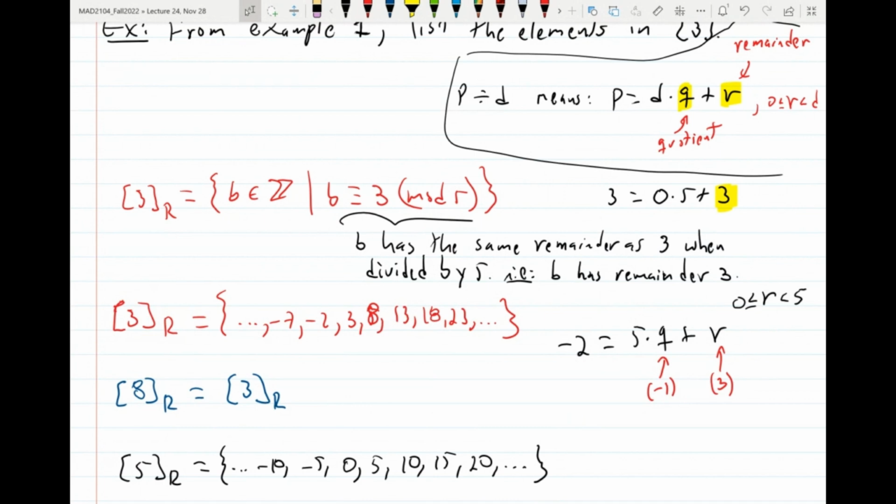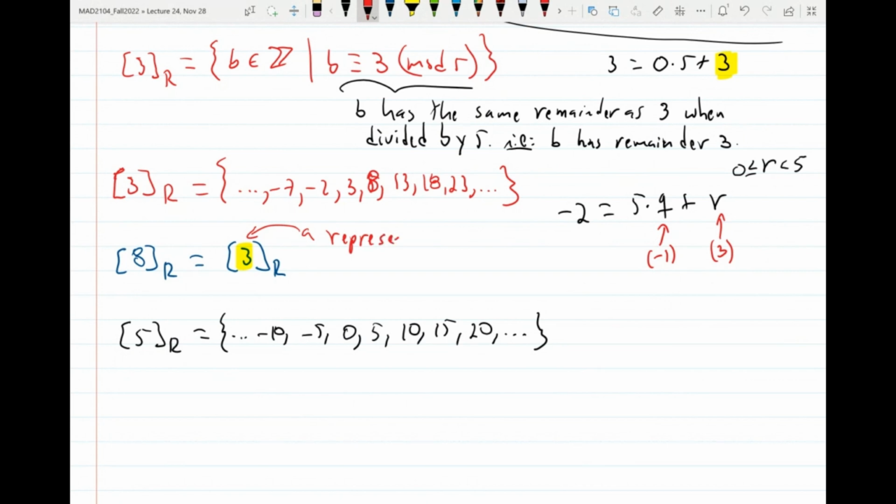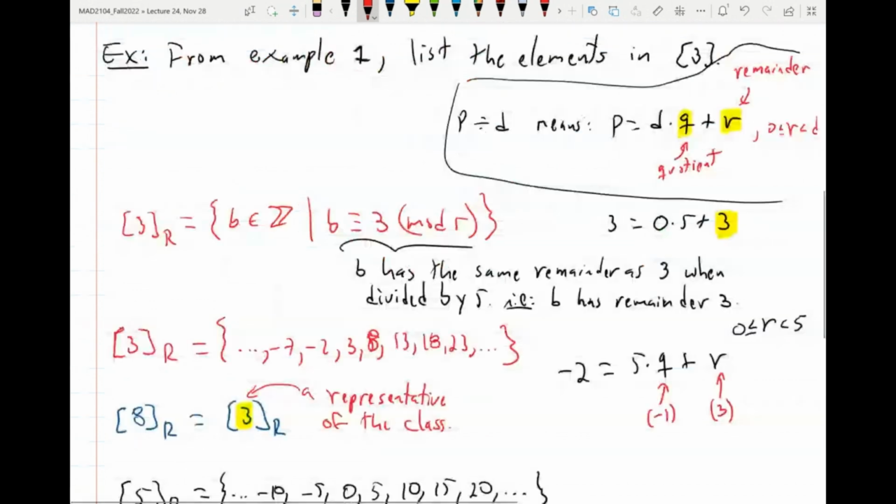This is called a representative of the class. So here, the number 3 is an example of a representative of the class. Any element inside the equivalence class could be chosen as a representative because they will produce the same set anyways.